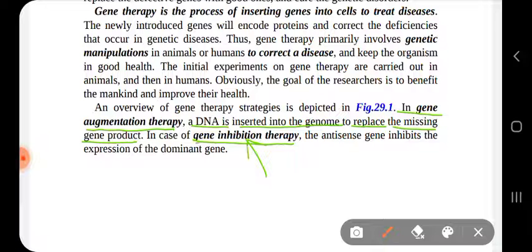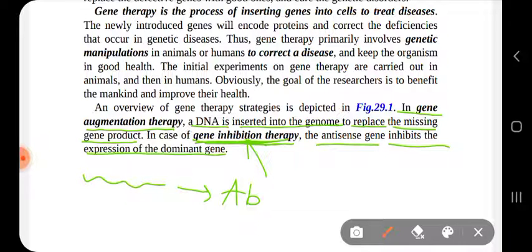We will use an antisense gene which will inhibit the expression of the dominant gene. If some regulatory gene is mutated and makes an abnormal protein, then we have to eliminate that regulatory gene.